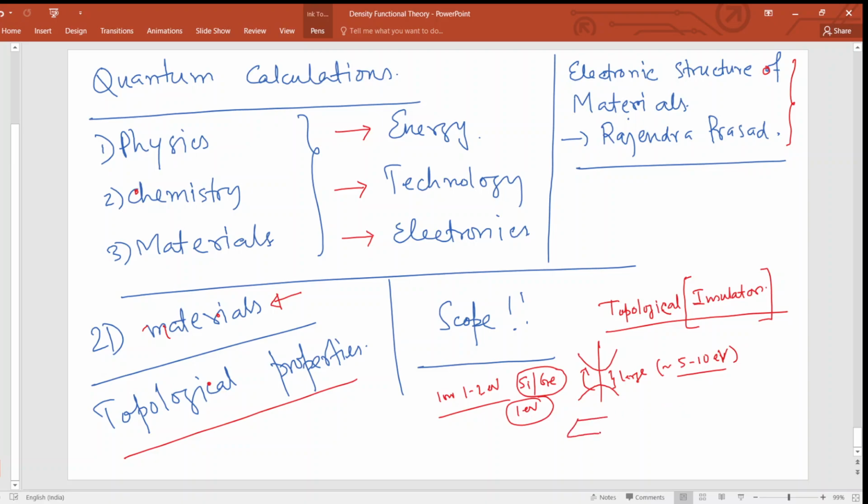Let's say this is my material. Within the material, those electrons or atoms which are located deep inside are insulating in nature, so they will not easily conduct electricity or current. However, those located on the surface can carry current very fast. So on the surface it behaves like a conductor, while within the material it behaves like an insulator.